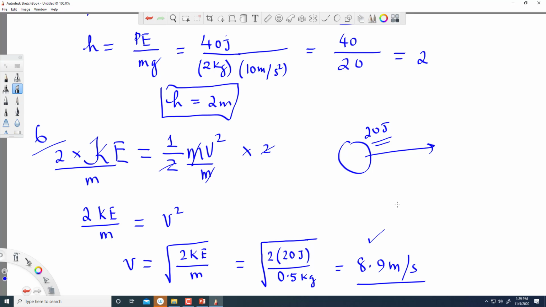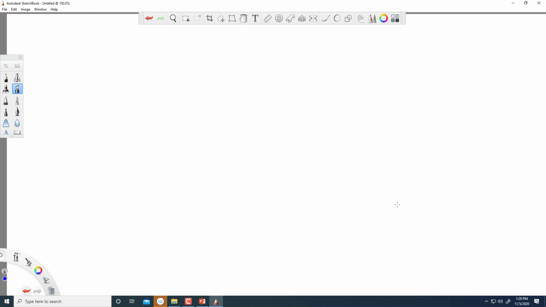Also, let's look at number 8. You pushed an object using 20 Newton force. As a result, the object is displaced by 2 meters. How much work have you done on the object?